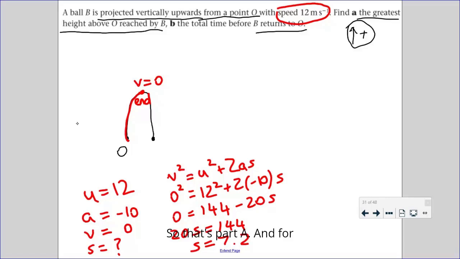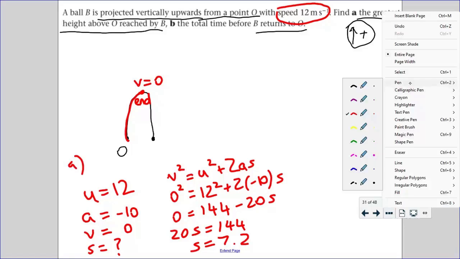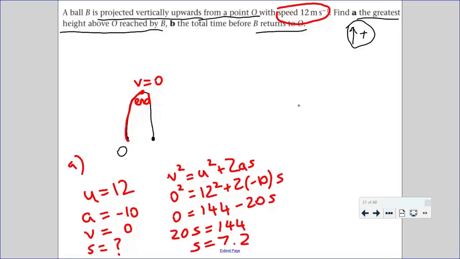So that's part A. And for part B, okay, part B says the total time before B returns to O.